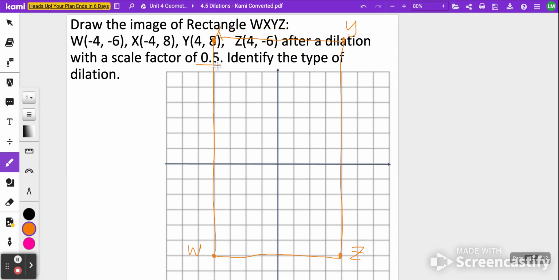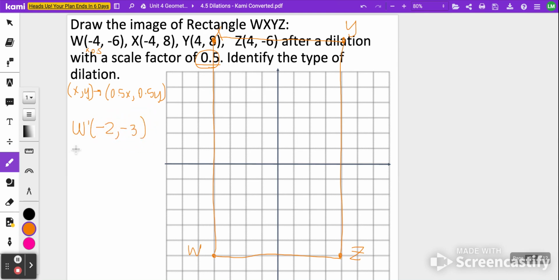Okay, since my scale factor is 0.5, that means my rule would be (0.5x, 0.5y), which just means I'm going to multiply each of these numbers by 0.5. So W prime, if I do -4 times 0.5, I'm going to get -2, -3.